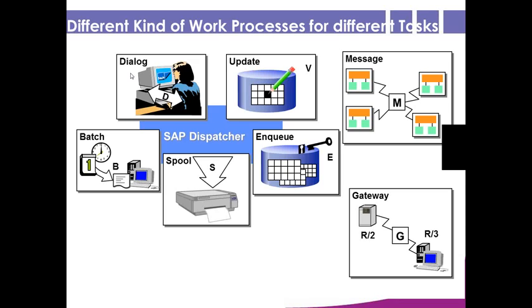So that's why we have the background or batch work process. Long running, time consuming, repeated activities can be handled by background processes, because there is a time limit on dialog and it can't handle all the long running processes. That's why background will help you in this case.